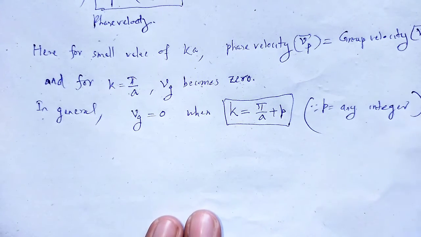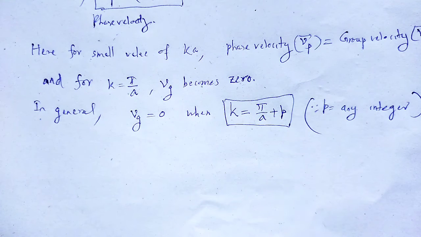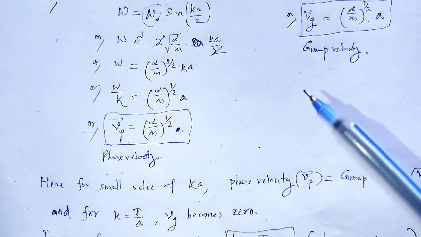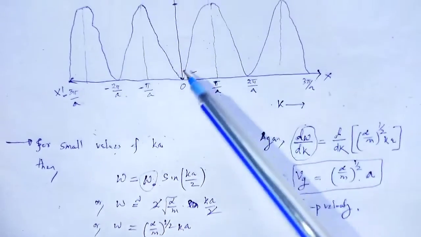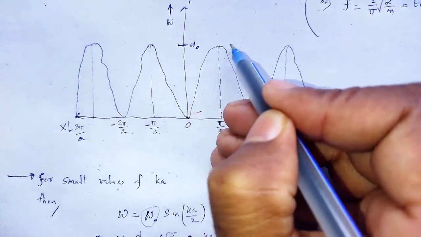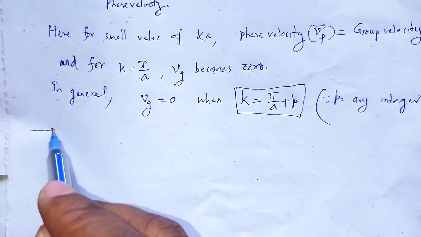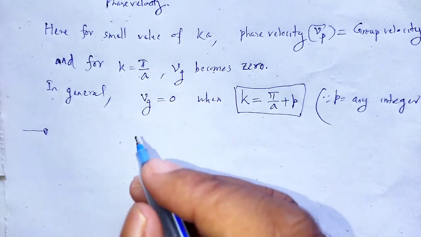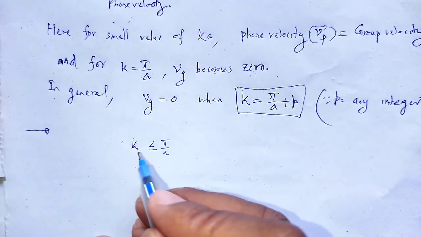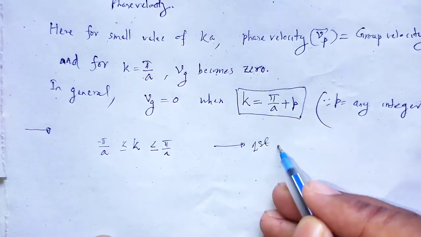That indicates the k-periodic dispersion is a consequence of translational symmetry in the crystal, where omega naught is the maximum angular frequency. Now, the Brillouin zones: if the value of k is between pi by a and minus pi by a, then we obtain the first Brillouin zone.